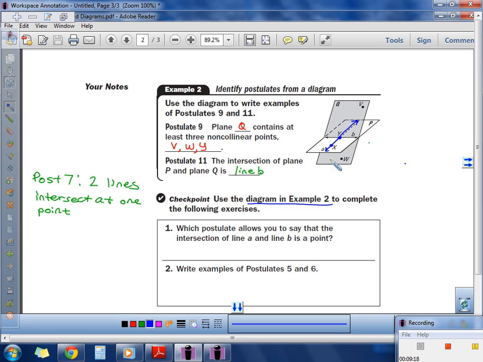It starts with a point. So points X and Y. What should I say after that? What's it say in the postulate?